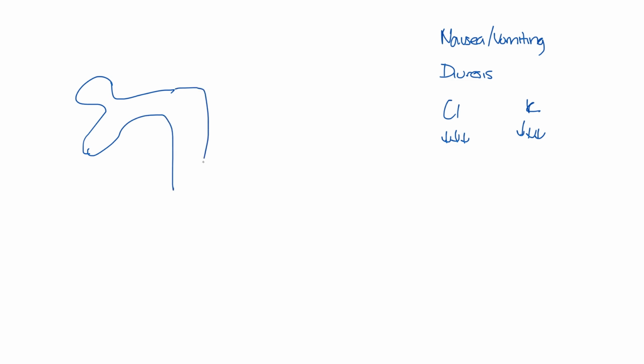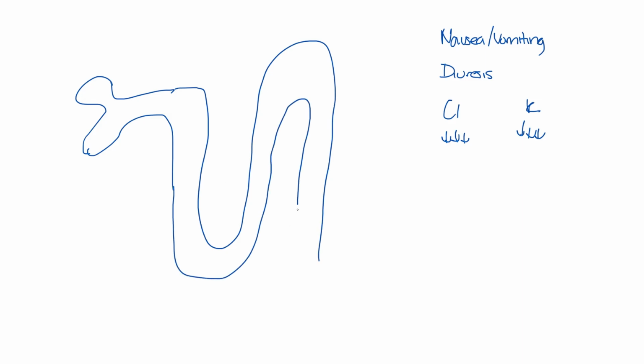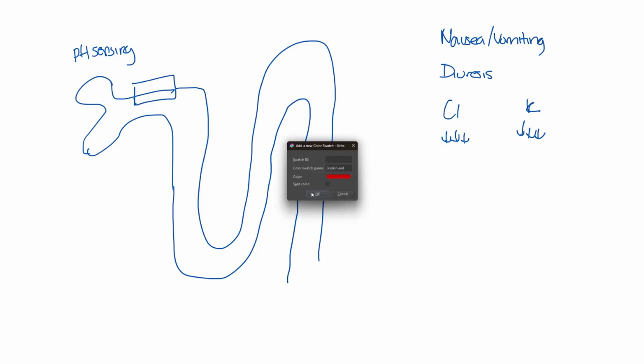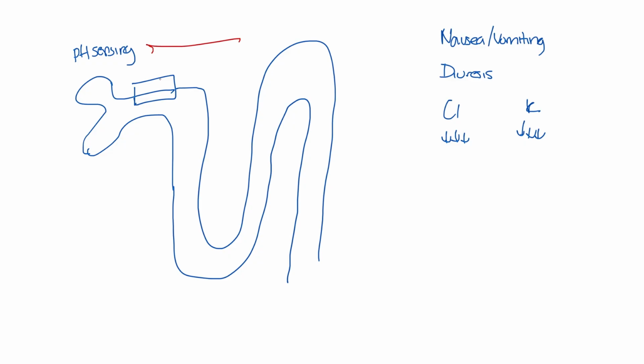So drawing the renal tubule, we really care about the proximal tubule here. In the proximal tubule, it turns out these proximal tubule cells are pH sensing. Now, if we take our serum side, here, I'm drawing it in red for blood, okay, and we have low potassium in our blood.